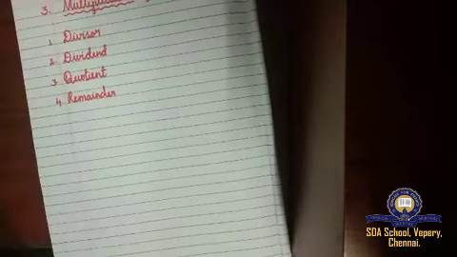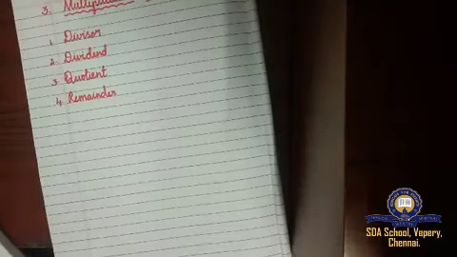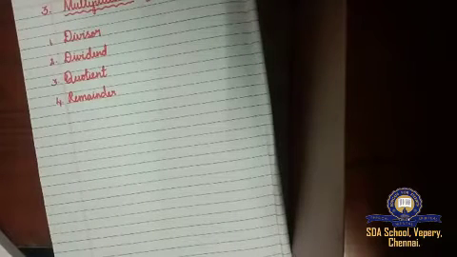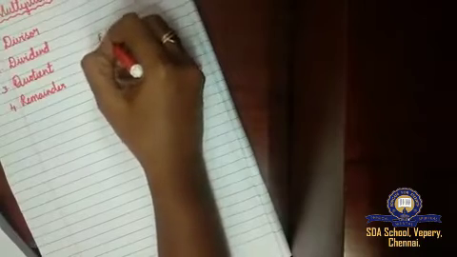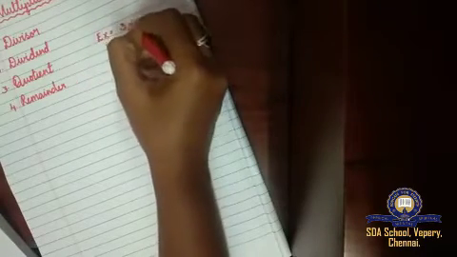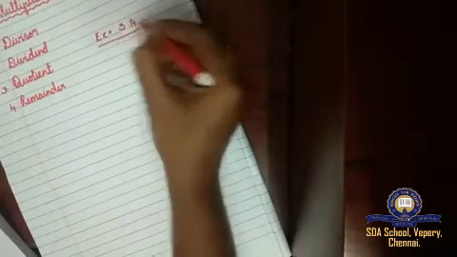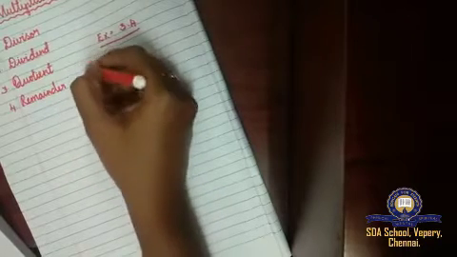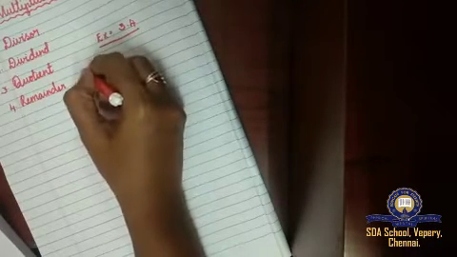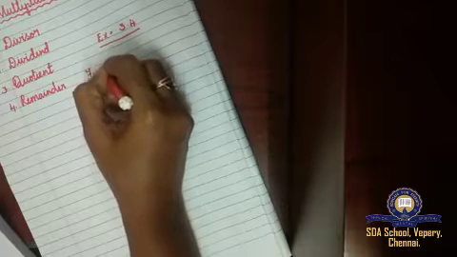Those who have the book, you can take page number 32. I am just going to do exercise 3.4. Exercise 3.4: Find the quotients and remainders.